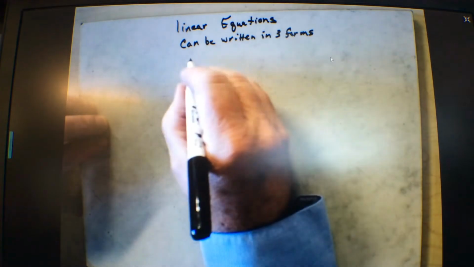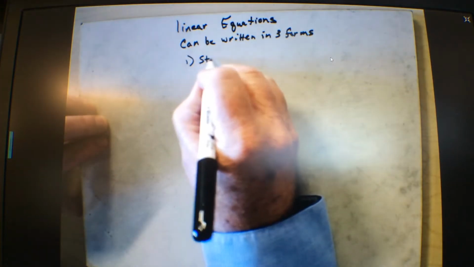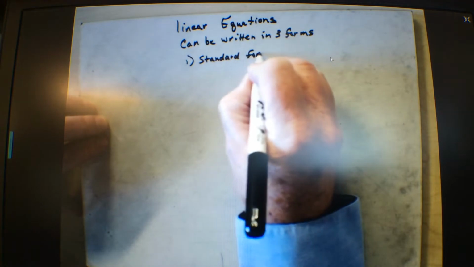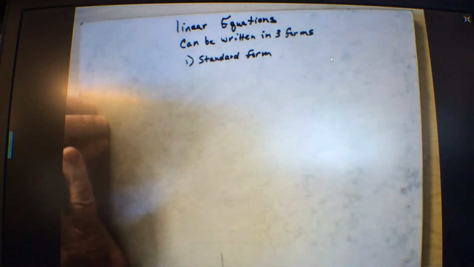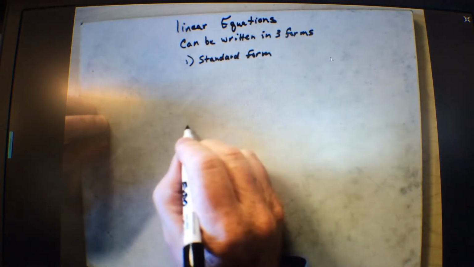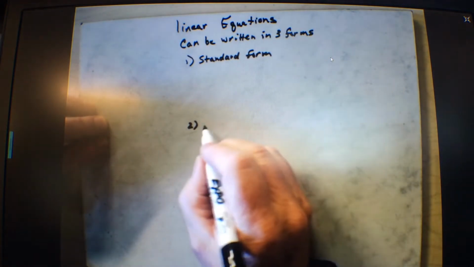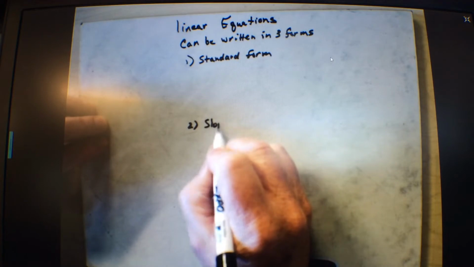The first one is standard form, and that's what we're going to talk about today. The second one, leave some room because we're going to talk a little bit about each one, is slope-intercept form.